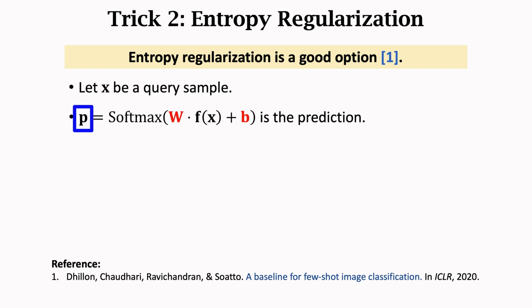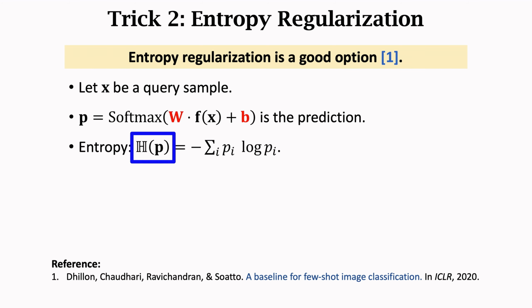P is a probability distribution. Each element of P is a probability or a confidence. We can measure the spread of the distribution P using entropy. Here is the definition. P sub i is the ith element of vector P.